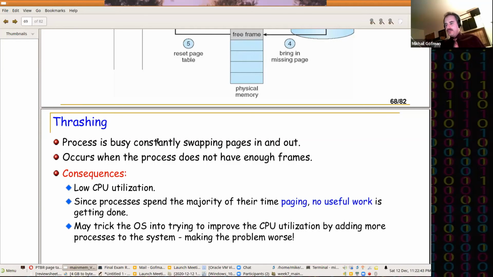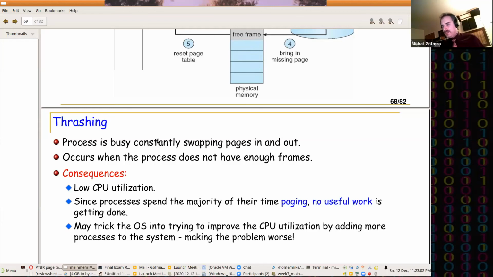So one physical frame will be freed by saving it to the disk, and then into the physical frame, we're going to save the contents of the page from the disk that was requested by the process.